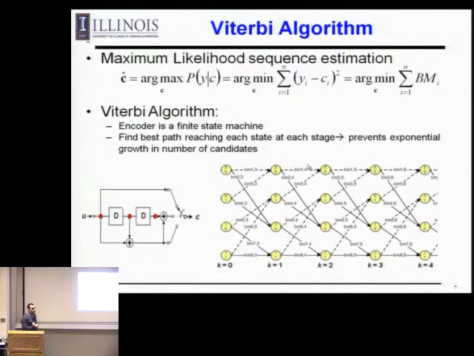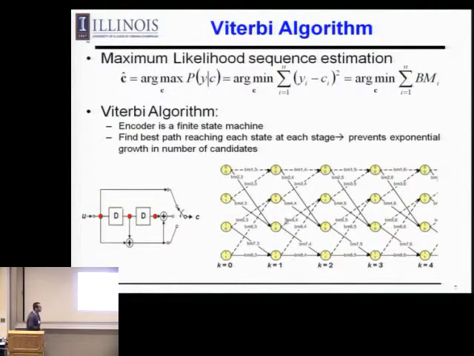The Viterbi algorithm is a maximum likelihood sequence estimation that, given received bits y sub i, tries to find the most likely transmitted sequence. Your received bits are a combination of a state register, a finite state machine, and your input bits, and it's represented by a trellis.